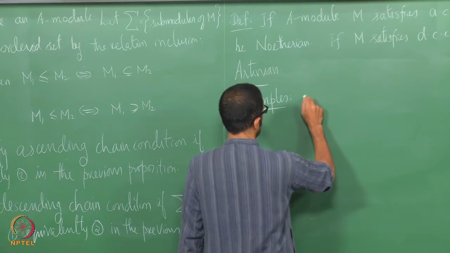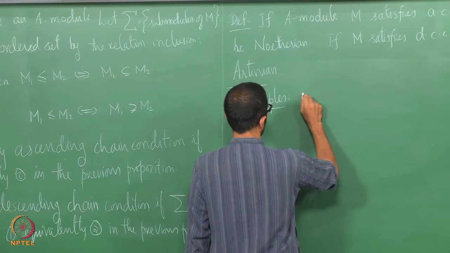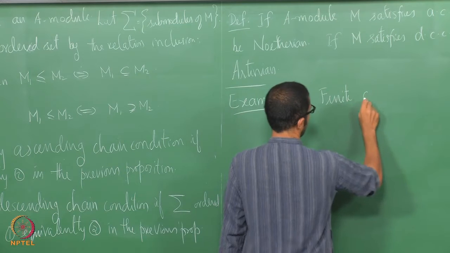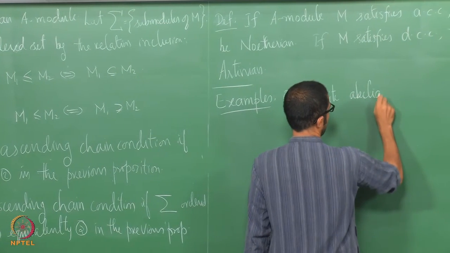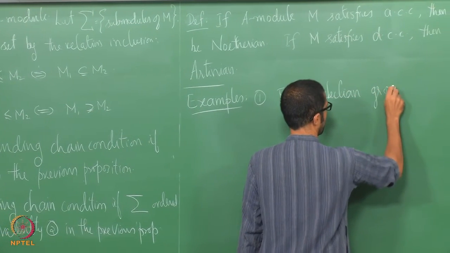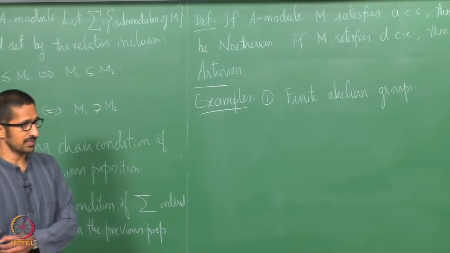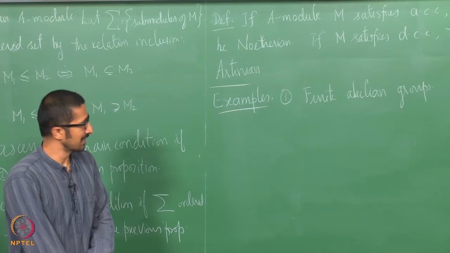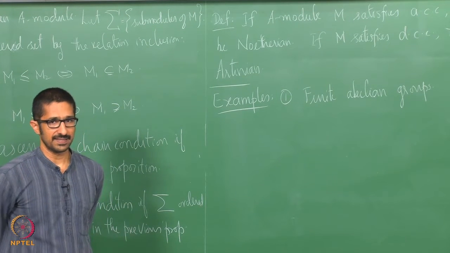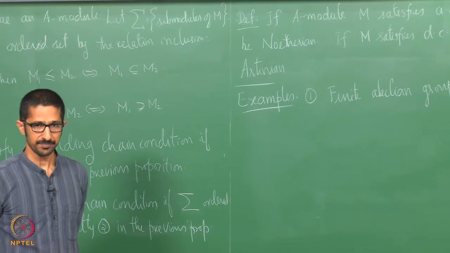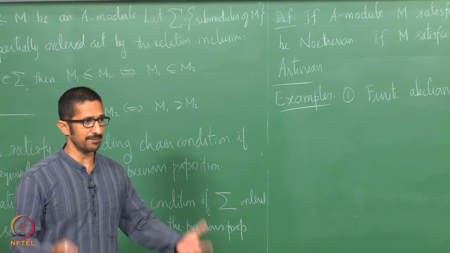So let us look at some examples of Noetherian, Artinian, and so on. What can you say about finite abelian groups? They are all Z modules, right? As Z modules, can you say whether they satisfy ascending chain condition, descending chain condition, and so on? There are only finitely many elements there.